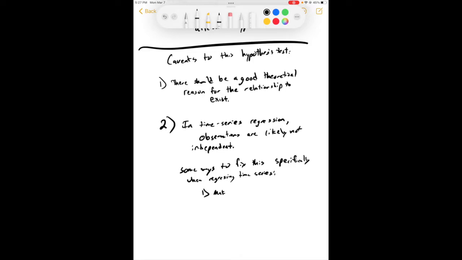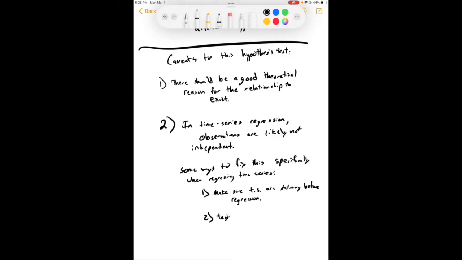One, make sure time series are stationary before regression. And it's kind of outside the scope of the course, so we're not going to talk about what stationary means. I am planning a time series analysis course, so that will probably be a big part of it because it's a super big deal, stationarity.